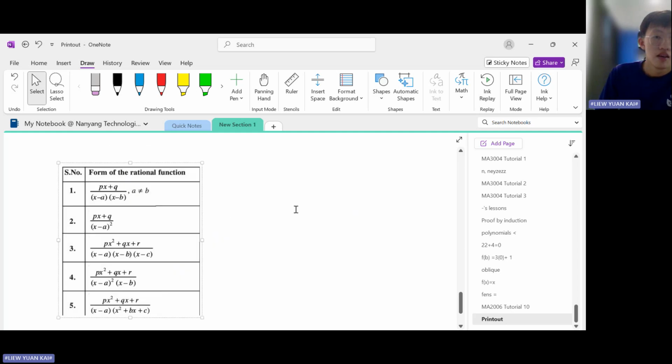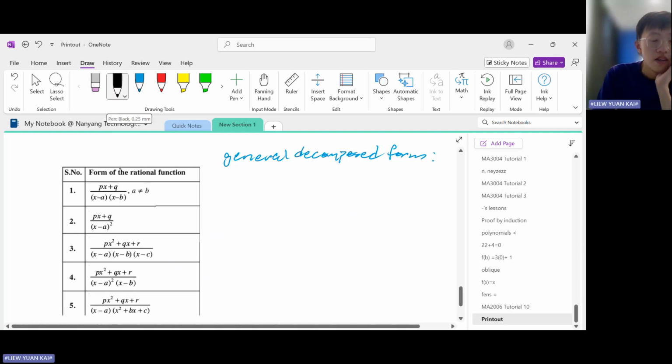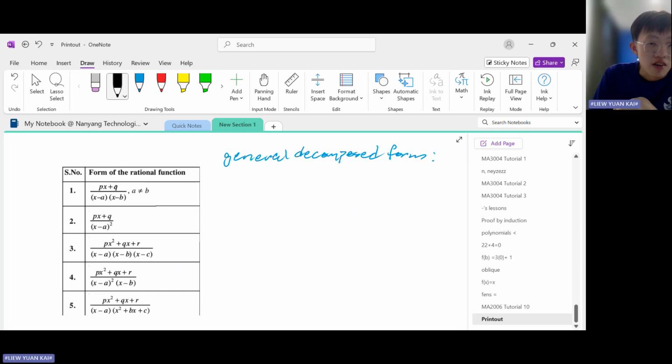Now we want to find the general decomposed form. Let's take a look at number one. In number one, we have a linear polynomial divided by two linear polynomials.